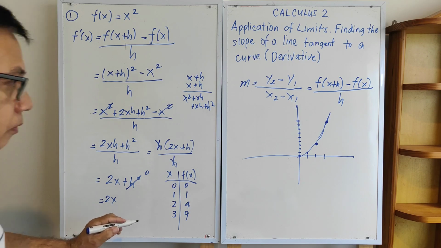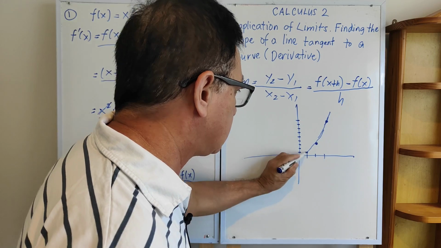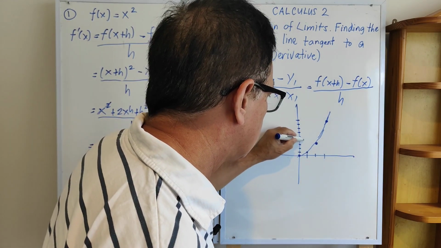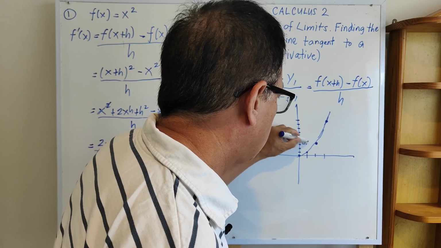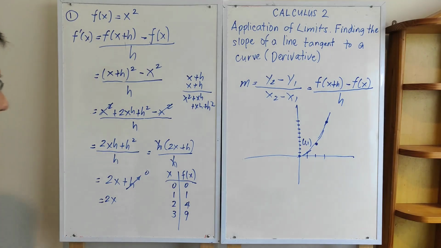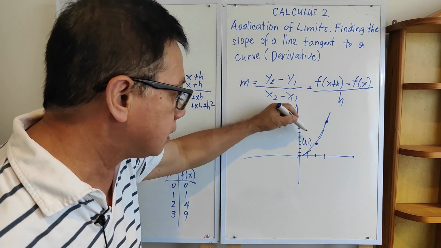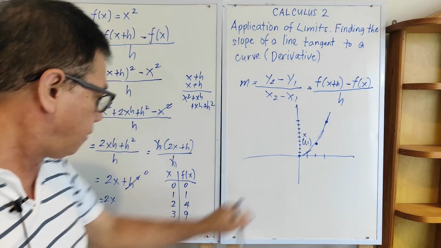So if you want to get the slope at this point, this is 1, 1. What is the slope at 1, 1? So this is your x, this is your function of x. So your x here is 1.